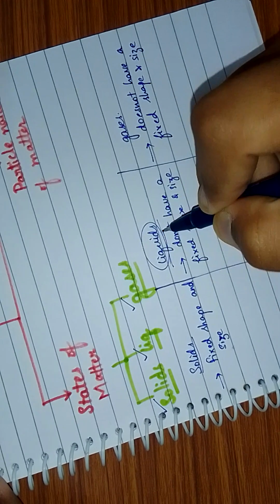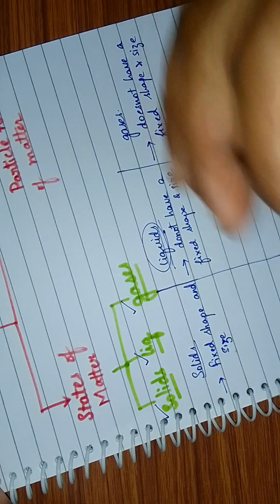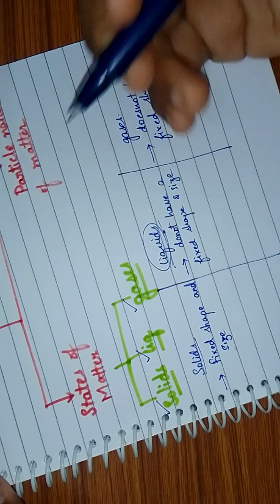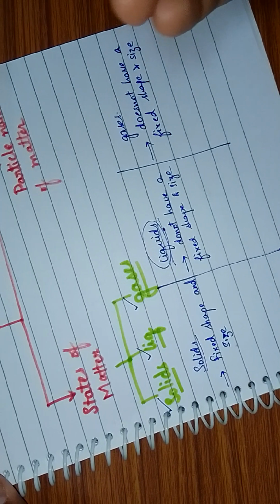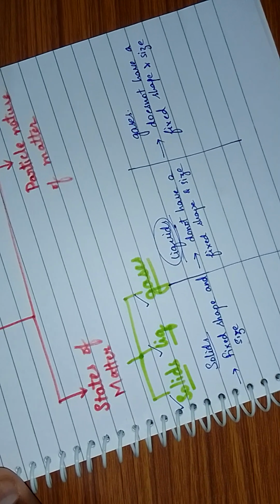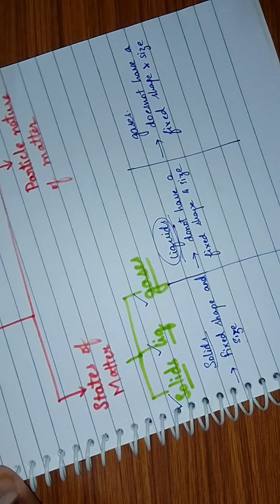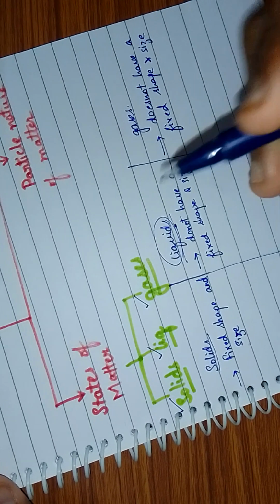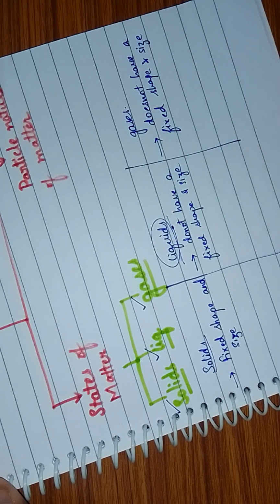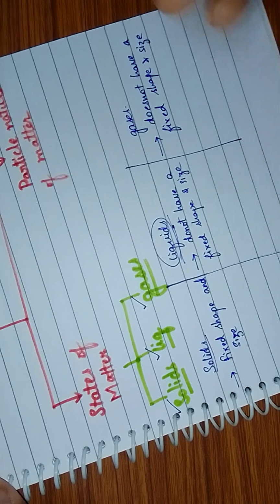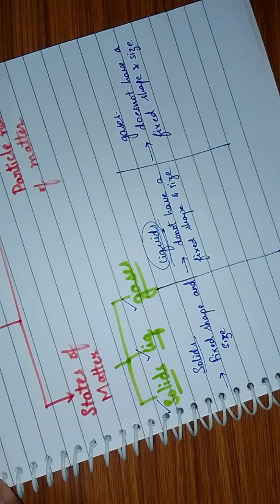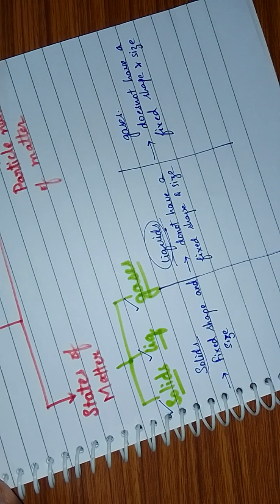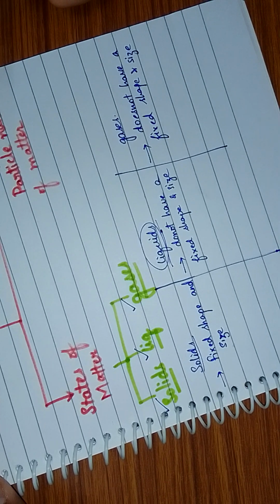In liquids, you might think liquids have a particular shape. Suppose you have a glass of water, then water will have the shape of the glass, the container it is in. If you take the same water into a tumbler, it will change into the tumbler shape. If you take it into a pot, it will take the shape of the pot.